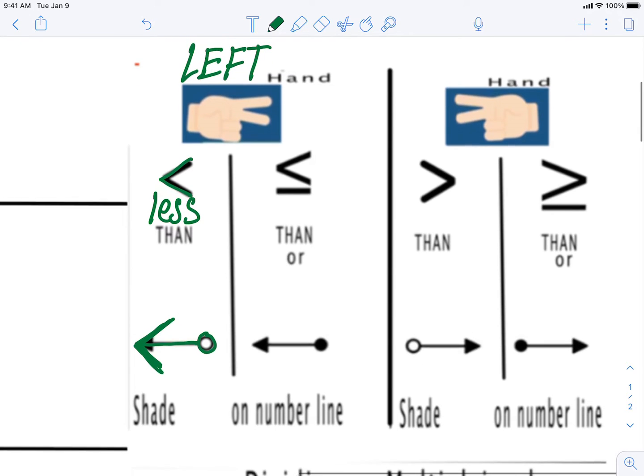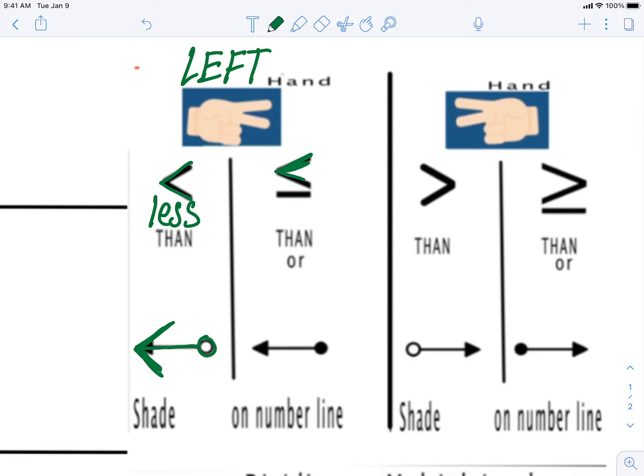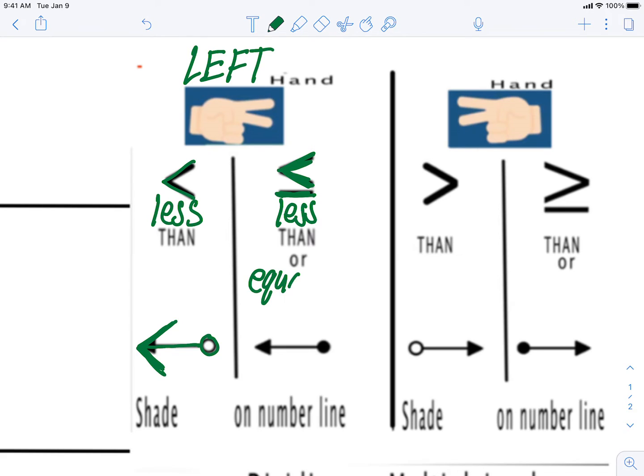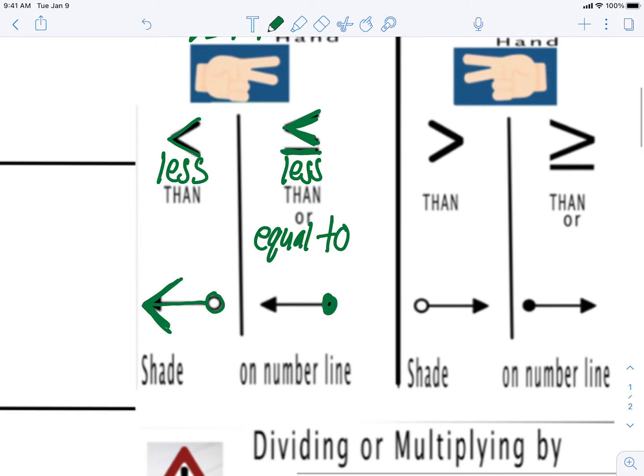We can also use our left hand to make our less than or equal to symbol. Less than or equal to. And when we have less than or equal to, we do a closed circle and we graph to the left. Right? Let's not forget that. Graph to the left.